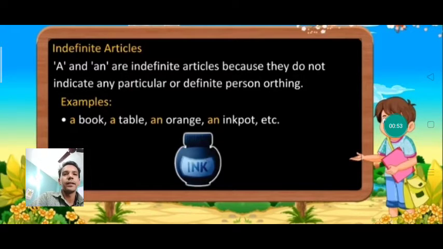A and an are indefinite articles because they don't indicate any particular or definite person or thing. This point is very important. Example: a book, a table, an orange, an ink pot, etc. Because of this only they are called indefinite articles.